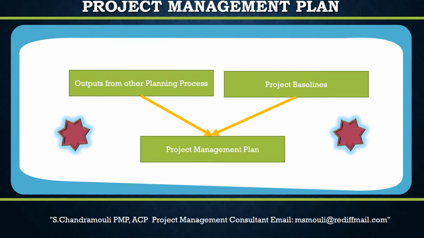Following are the usual contents of a project management plan. 1. The management processes selected by the project management team. 2. The level of implementation of each selected process. 3. The descriptions of the tools and techniques used in each process. 4.